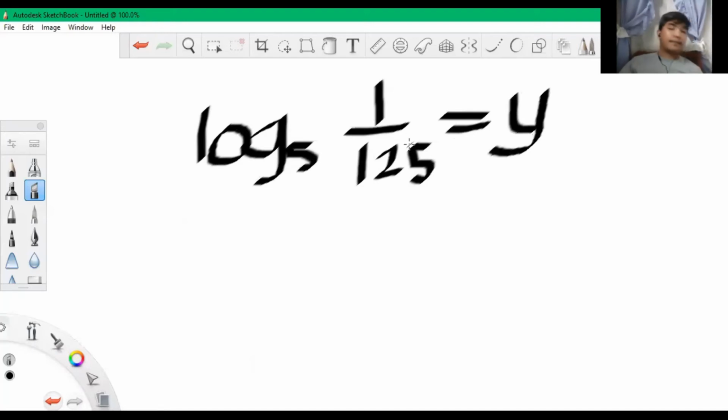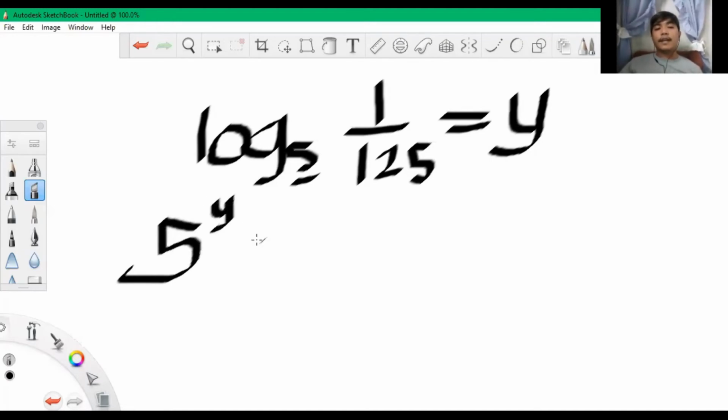And our first step to solve for the exponent, let's convert this logarithm into exponential form. So again, our base here is a subscript, which is 5. So let's rewrite 5, and its exponent is still missing, which is represented by y, equals the answer, and our answer here is 1 over 125.